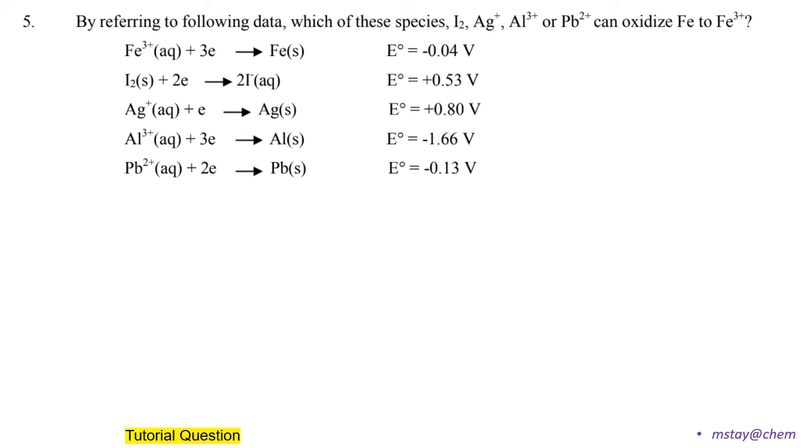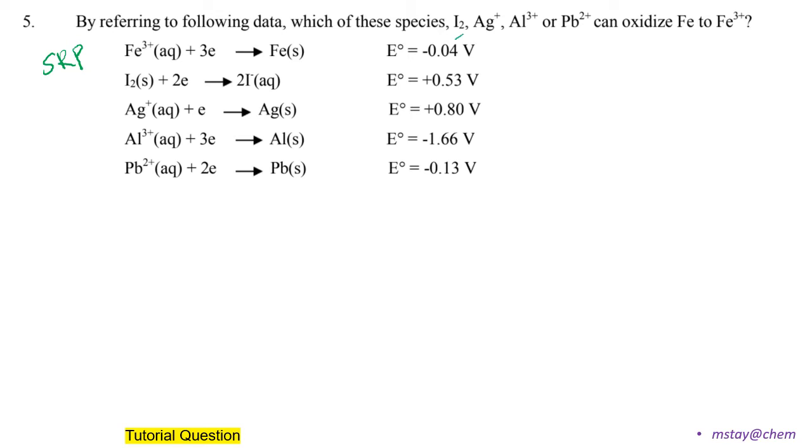Okay, now we are still in tutorial question number 5. By referring to the following data, basically this is part of the SRP table. They already extracted for us which ones we need to refer to.